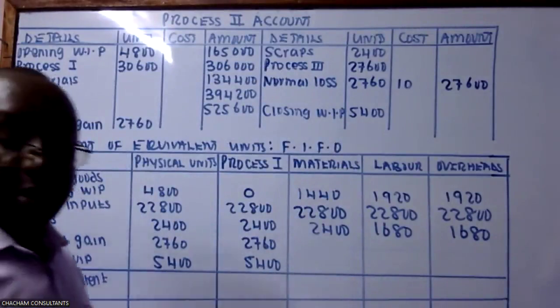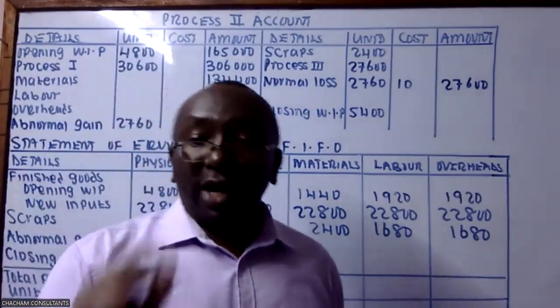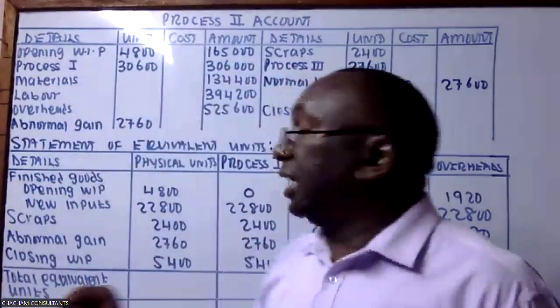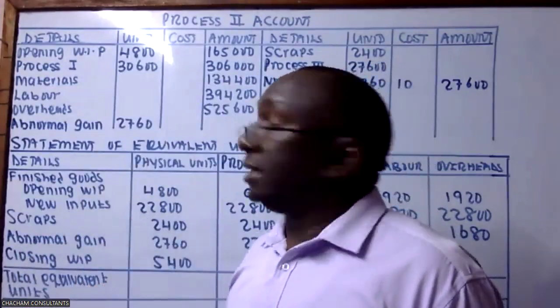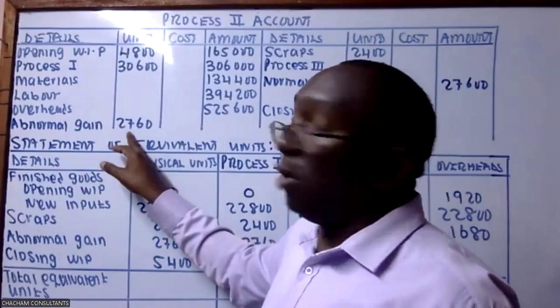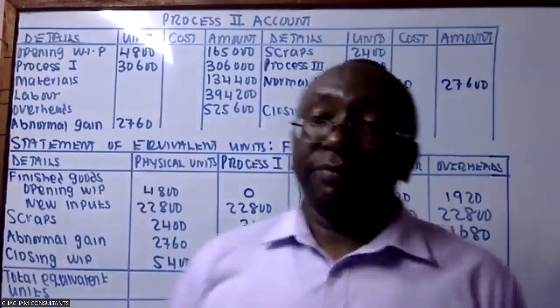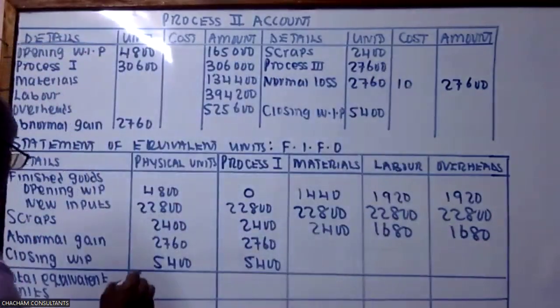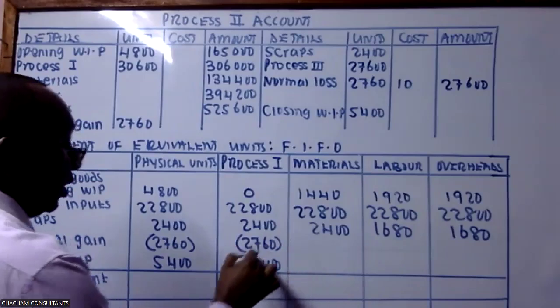Now, abnormal gain, it is not mentioned in the question. Abnormal gain is part of the completed goods. Actually, we show it. Unaona inawekwa this side, it is opposite. So it should come in as a negative sign, because it is on the opposite side.